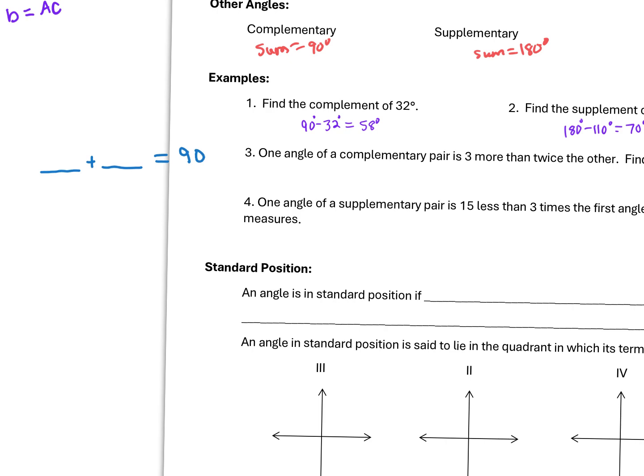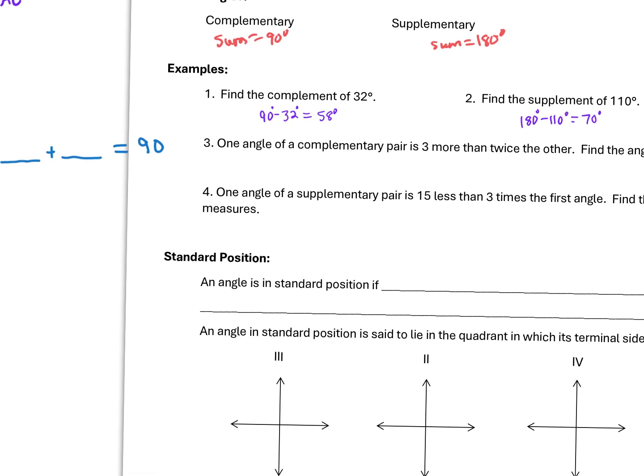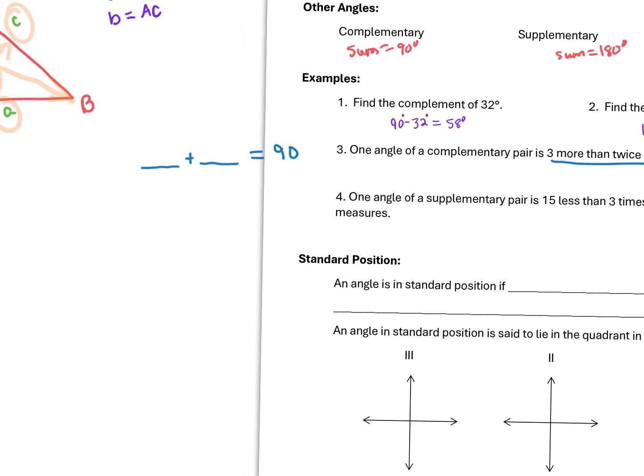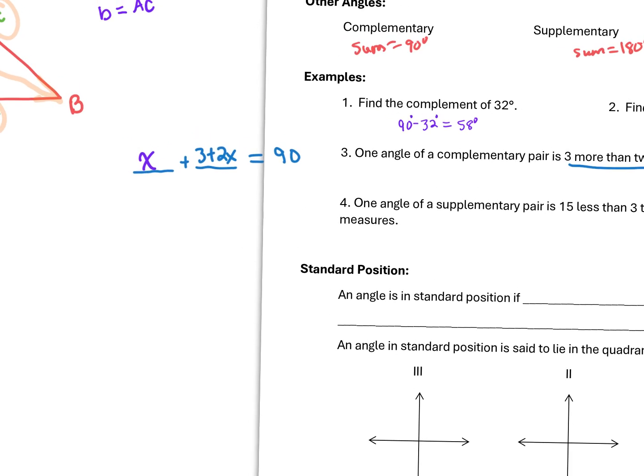And it's 3 more than twice the other, so it would be 3 plus 2x, plus x. Good. The key is remembering this other x. That's what most people forget. They get the 3 plus 2x, but they forget to add the other x. So just be careful with that, right? All right, and then we're just doing some basic math here.